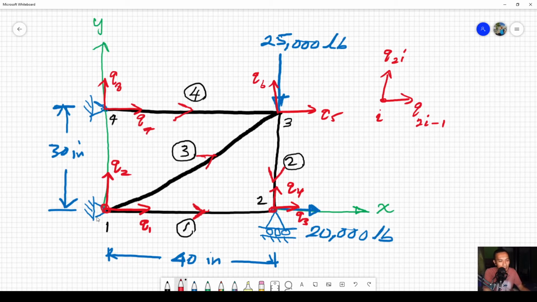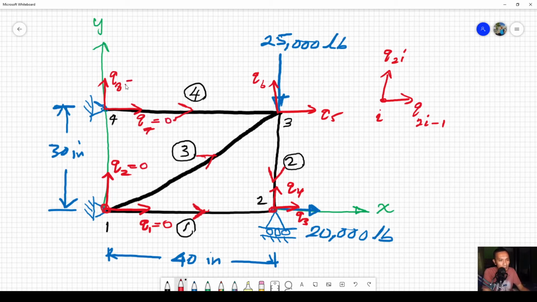Looking at the boundary conditions, as we discussed just now, node number 1 is supported by a pin, a fixed type of boundary condition. Then there will be no displacement in the x and y directions at node number 1. Similarly at node number 4.